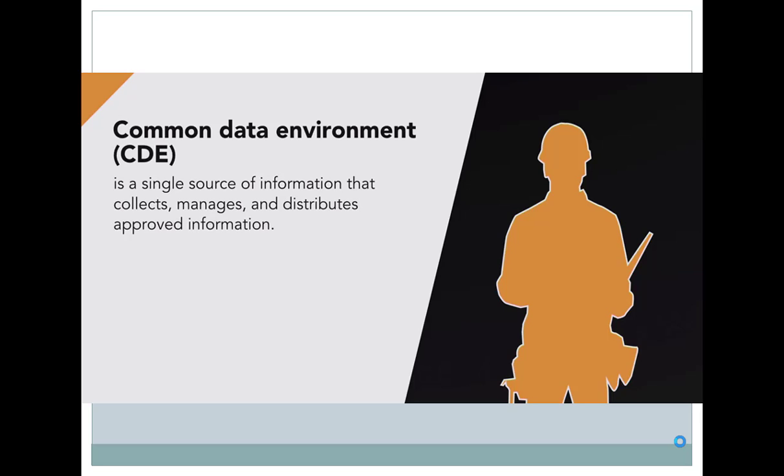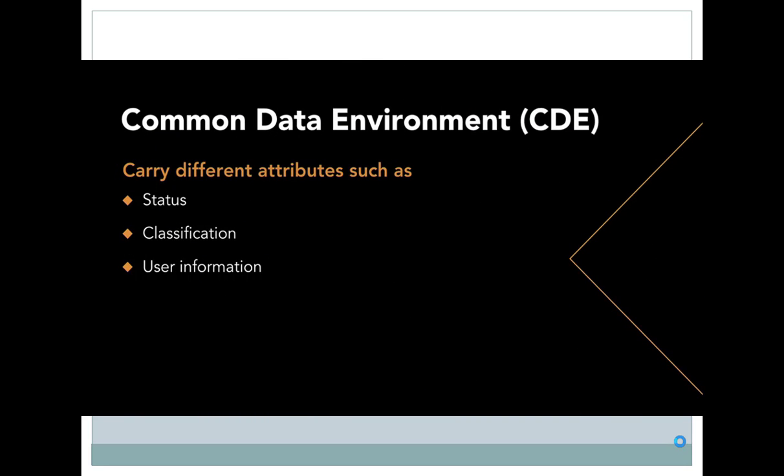It is typically served by a management system that facilitates the sharing of information among project teams. Information within a common data environment needs to carry different attributes such as status, classification and user information.